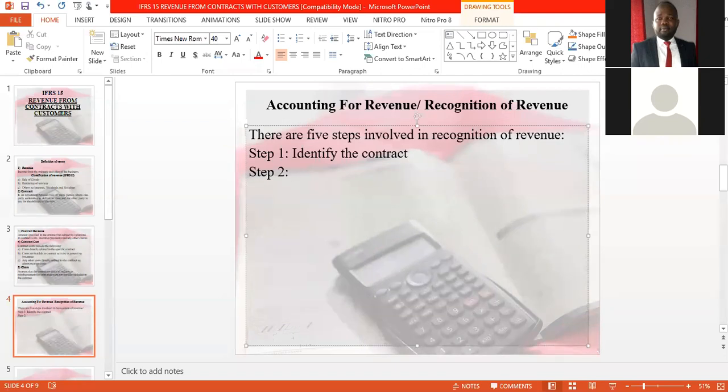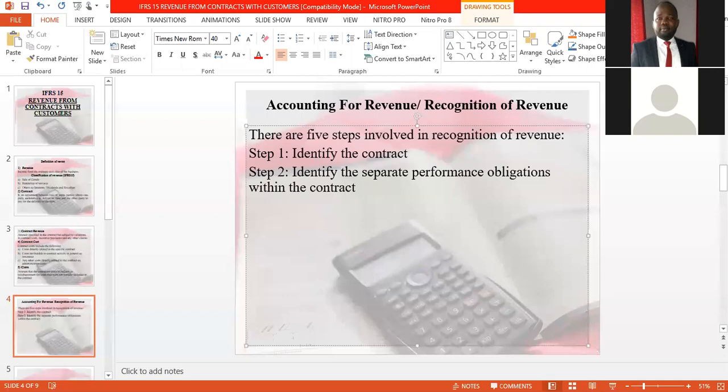Step 2, identify the separate performance obligations within the contract.